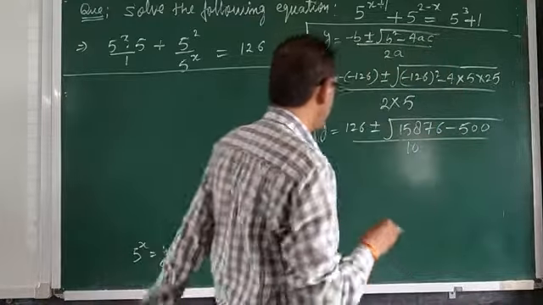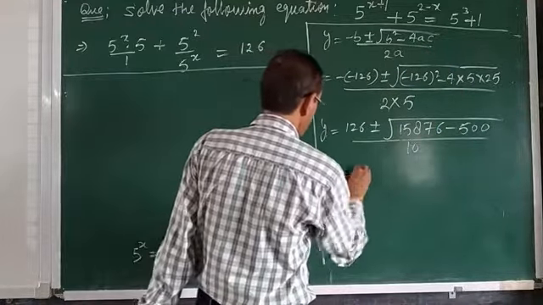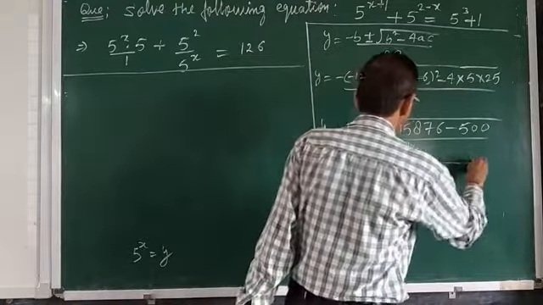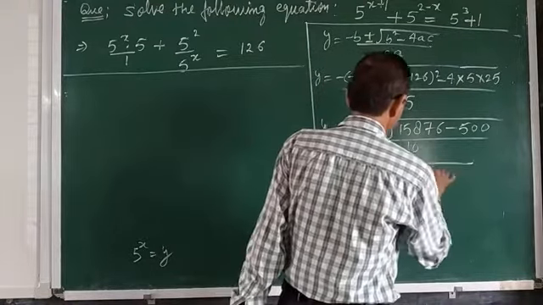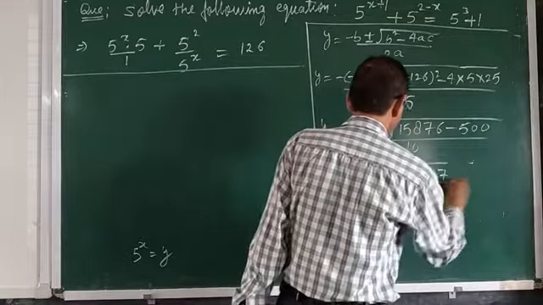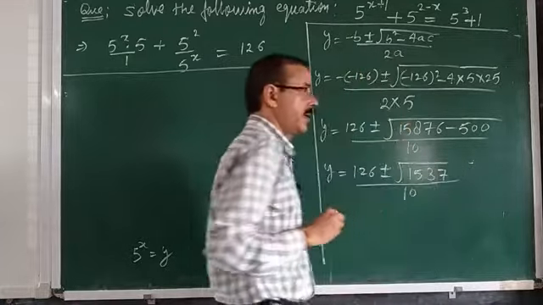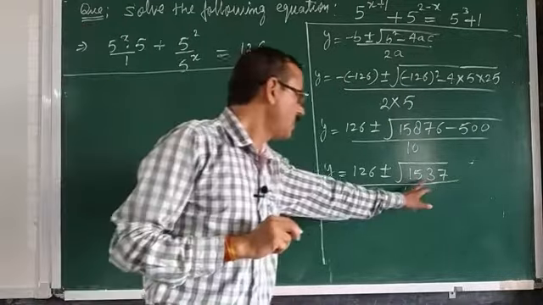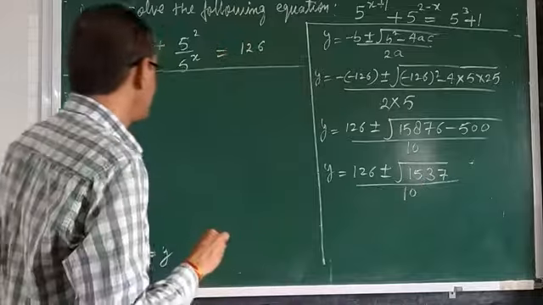If you subtract, you will find that y is equal to 126 plus minus under root 15376 upon 10. Yes. So again we have to find the square root of that.